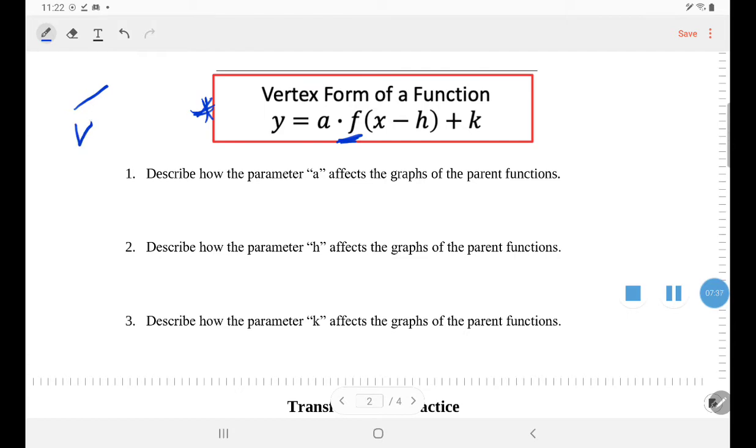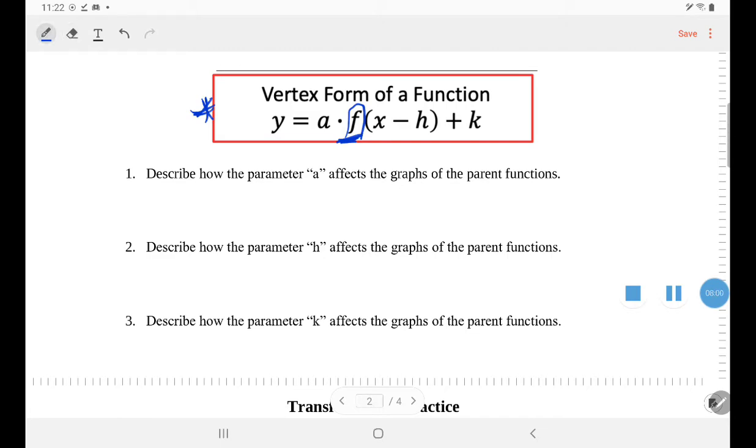It could be your absolute value function. It could be your parabola. It could be your cubic. It could be your square root function. It could even be like a sine function, you know, like the sine of x or the cosine of x. The f can be pretty much any function, and you're going to find these transformations kind of hold true all the way through.